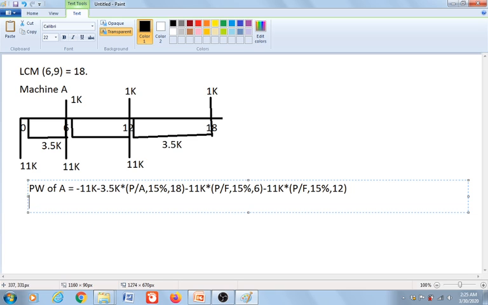The last thing that we need to do is for the 1000. That's a positive cash flow, so it will be 1k times P over F, 15%, 6. I'm just going to copy that. So it will be 12 over here, plus 18 over here.